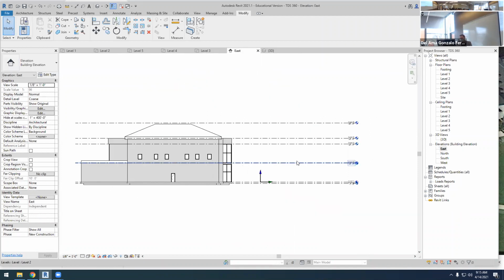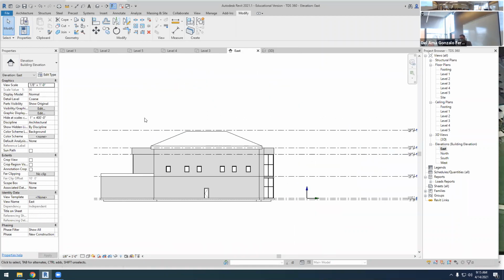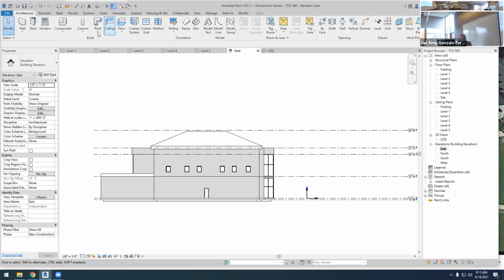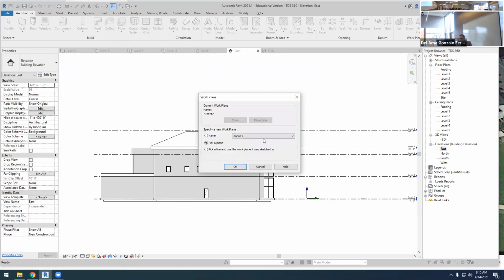Well, we can go to the east elevation, and the easiest way to start trying something is to create an architectural roof by extrusion. We have to select one of the grids.